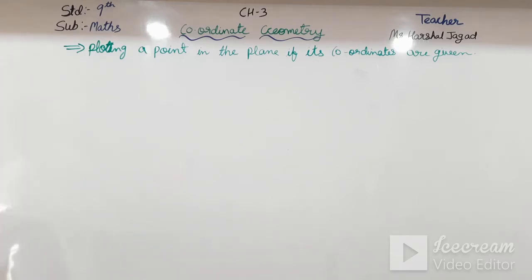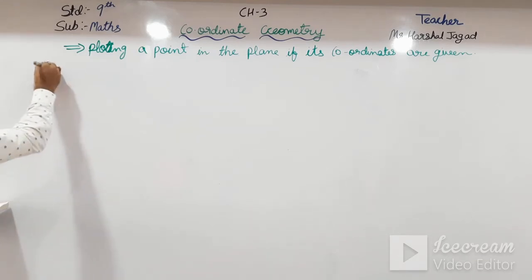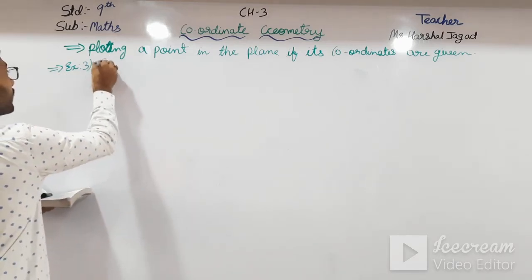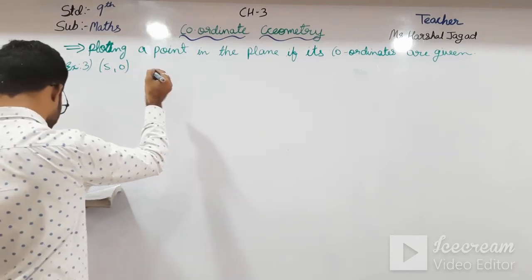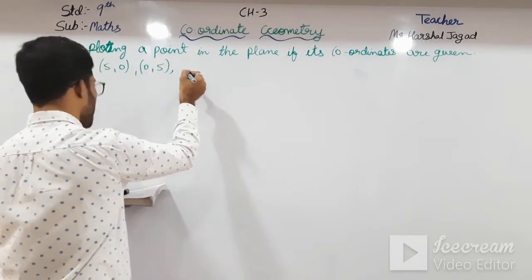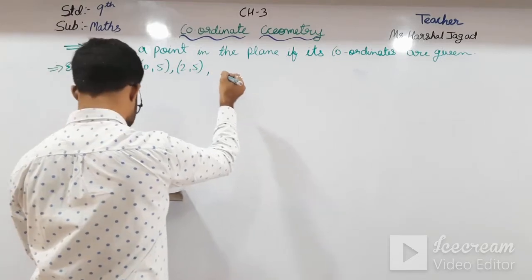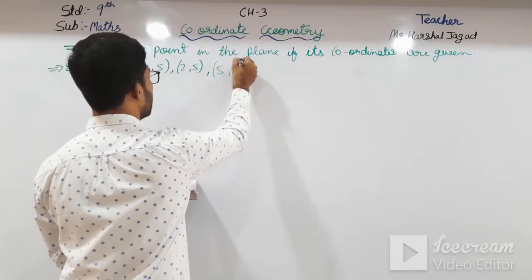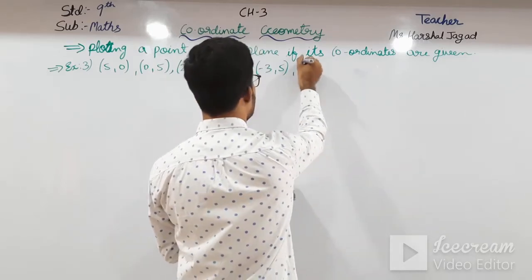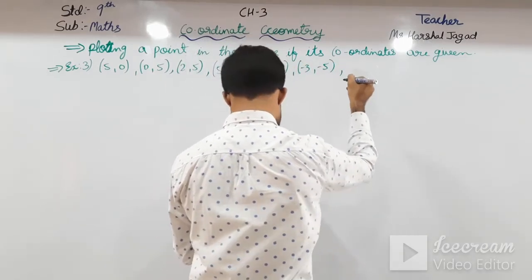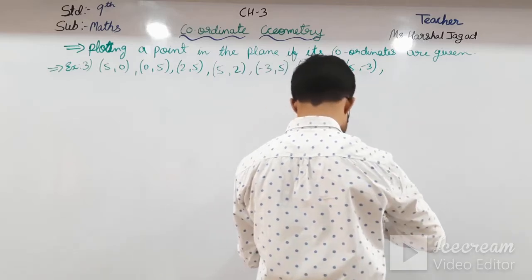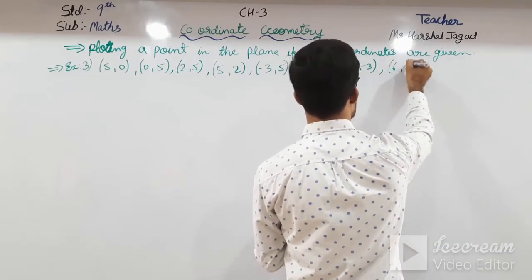See here, we have to locate the points 5, 0; 0, 5; 2, 5; 5, 2; minus 3, 5; minus 3, minus 5; 5, minus 3; and 6, 1.